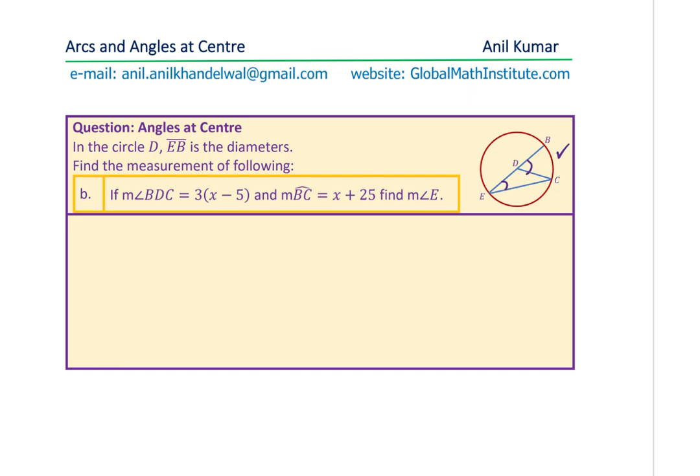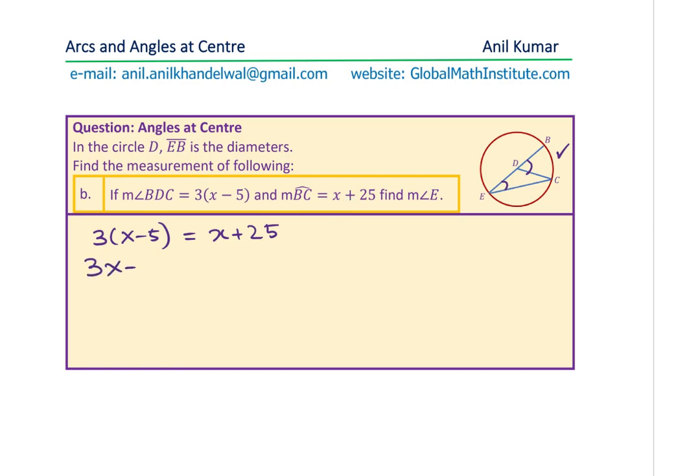So we know in this particular case that 3 times x minus 5 should be equal to x plus 25. Is that point clear to you? So the angle and the arc, their measurements are exactly the same. So from here we can find the value of x. Let's open the bracket.